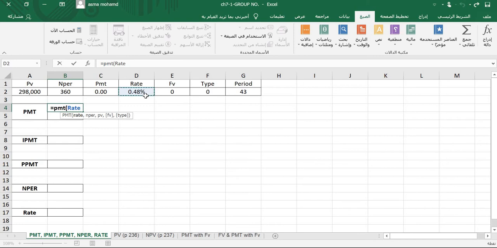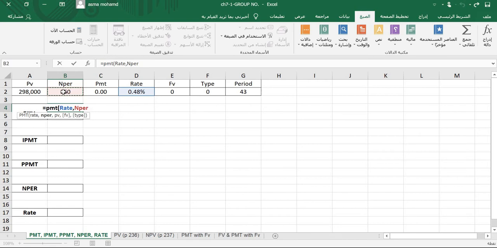Usually the rate is given annually, and you need to convert it to monthly. So if you are given an annual rate, convert it to a monthly rate, if you are going to calculate the monthly payment.